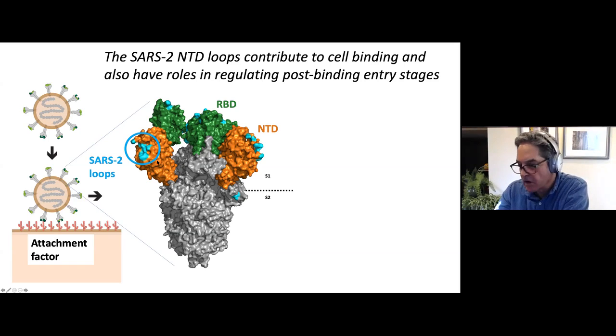The second point I wanted to make is that the NTD loop changes that Enya made are, of course, artificial, but I think his findings do say something about the selective pressures on viruses as they adapt. You change the NTD structures, and it does seem possible to obtain a virus that's particularly fusion-ready, primed to enter a cell that has very little activating protease as a susceptibility host factor. So this would seem proviral. Infection would be less dependent on host proteases, and the viruses might be able to expand to new niches.